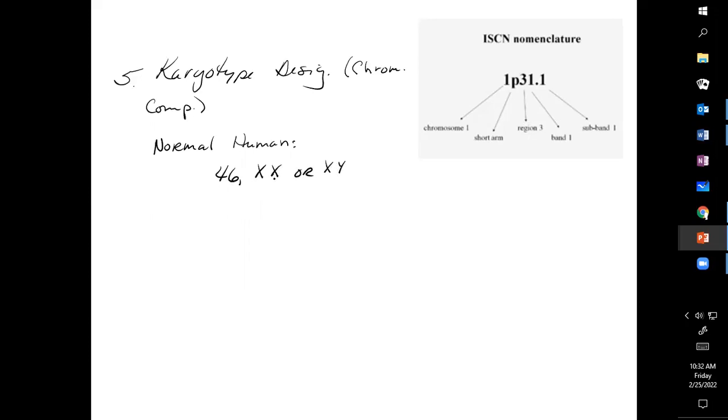A female would be 46,XX and a male would be 46,XY, where 46 is the total chromosomal number. Included within that total number is either XX or XY, indicating the sex chromosome composition.